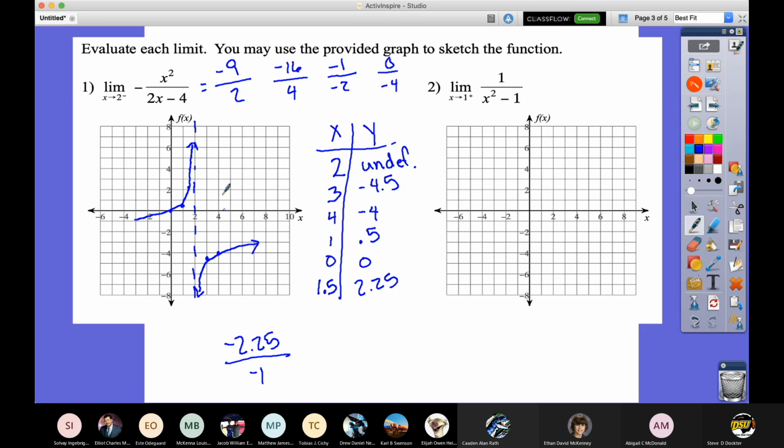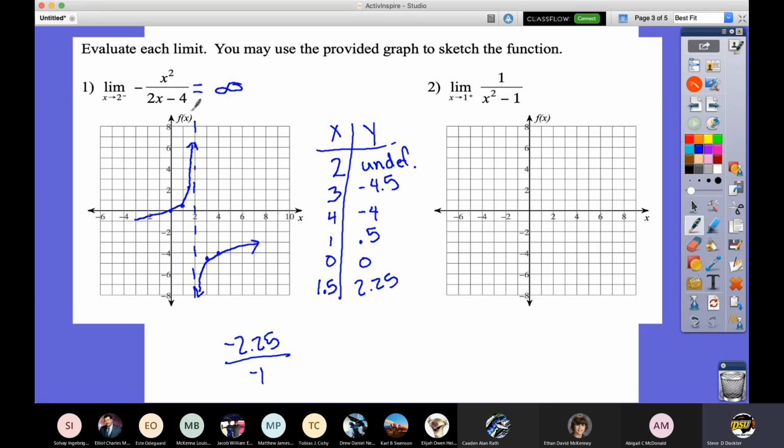All right, so this one says evaluate it from the left. Based off our graph, we can tell that this is going to start shooting up here. So our answer would just be the limit as x approaches 2 from the left of -x squared over 2x minus 4 is positive infinity.